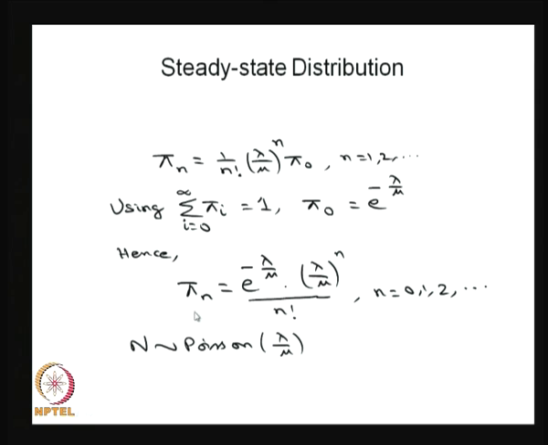And if you observe, these steady state probabilities are of the same form as the probability mass function of a Poisson distribution. Therefore, you can conclude that in steady state the number of customers in the system is Poisson distributed with the parameter lambda by mu, because the probability mass function for pi n is the same as the probability mass function of a Poisson random variable with the parameter lambda by mu.